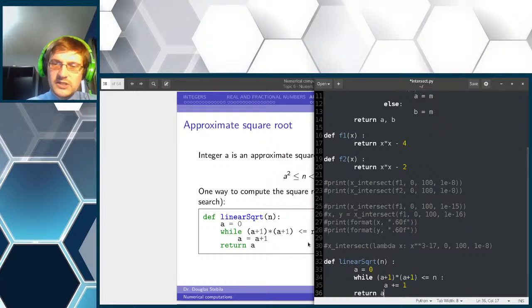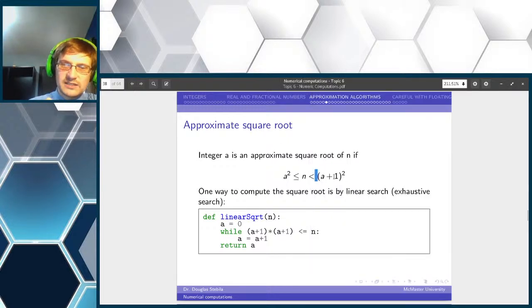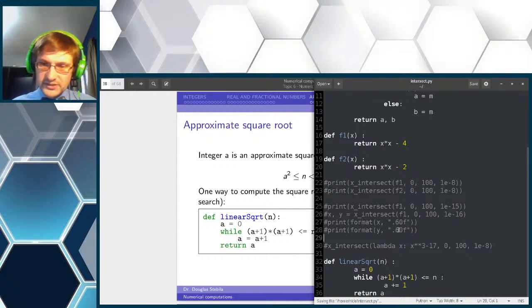Return a. So we are going through each value of a, incrementing that until we hit this condition where the next one would put us over the value that we're looking for. Then we stop and return a. This is fine. This works.